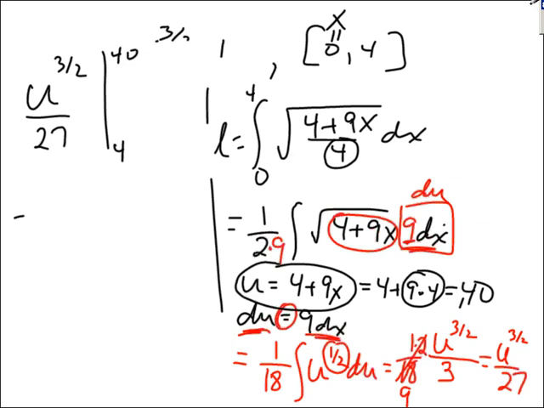So then I get 40 to the 3 halves minus 4 to the 3 halves, over 27. This looks very similar to a problem that we just did, doesn't it?